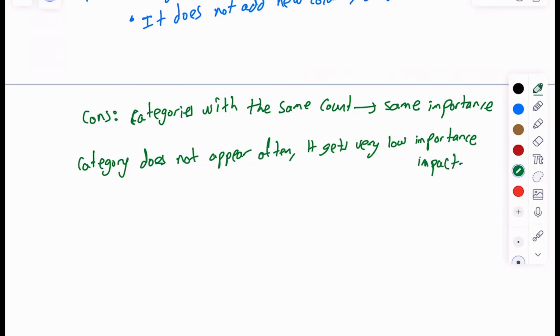So that's also another problem that it has. It's totally based on how often the variable appears. It also doesn't take the meaning into consideration and so many other things. But these are the two dominant problems that the count encoding has.